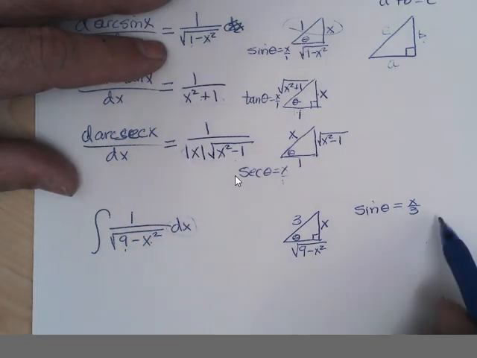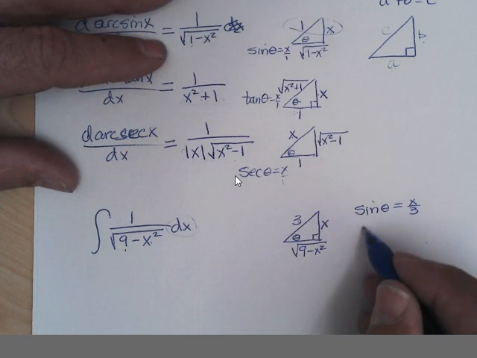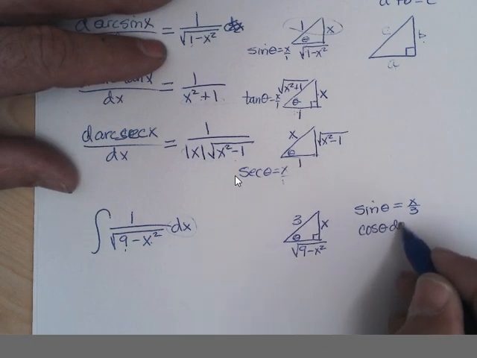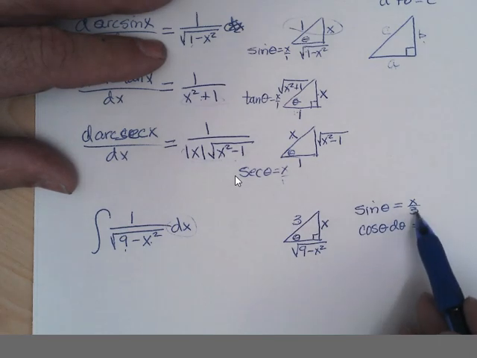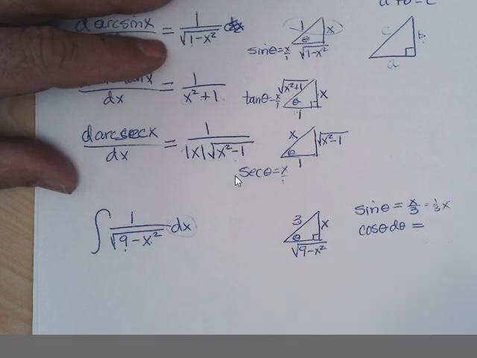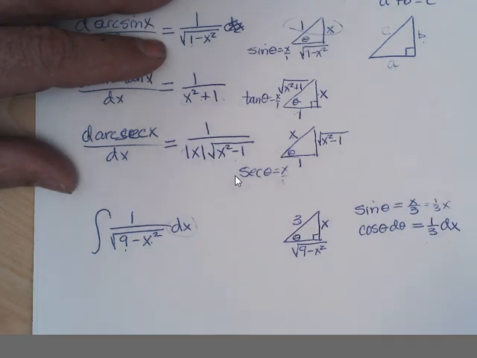So we take the derivative. The derivative of sine of theta is cosine theta d theta, and the derivative of x over 3, or better yet, 1/3 x, is 1/3 dx.